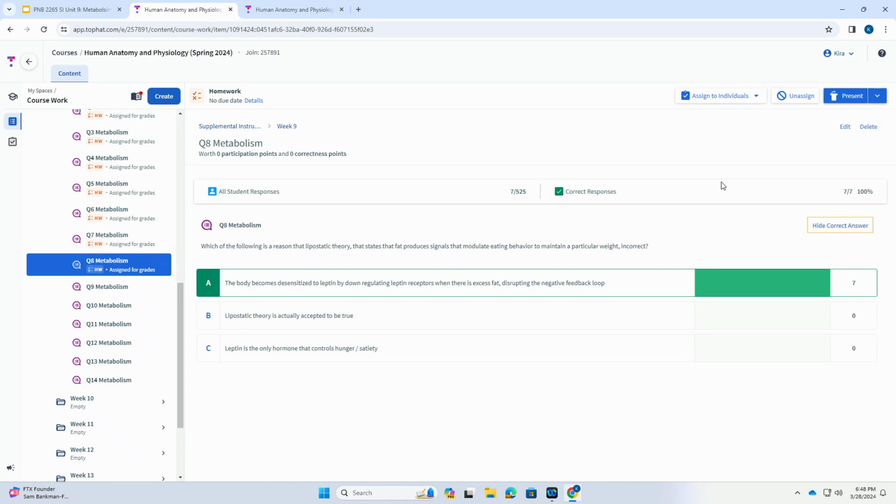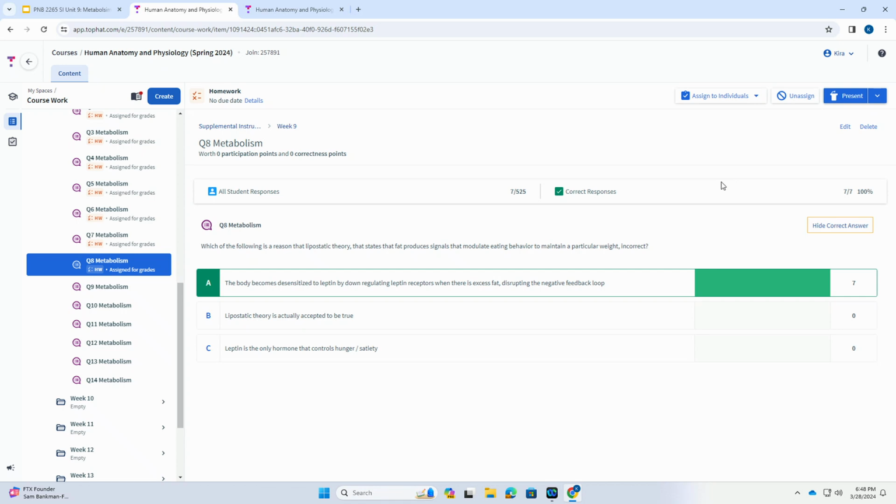Yes. So this question, I didn't go over lipostatic theory either, but it's just kind of saying that the body's metabolism isn't based off of fat, it's based off of glucose, blood glucose levels, glucostatic theory.